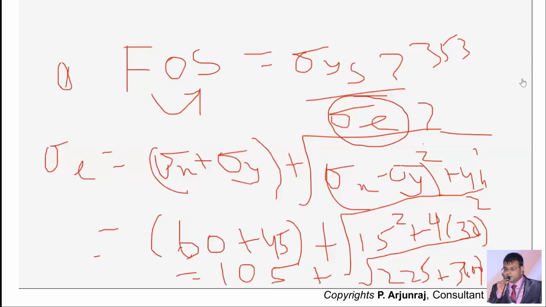So 3600 plus 225, and you need to take the square root, so this value is going to be 61.8, plus 105.